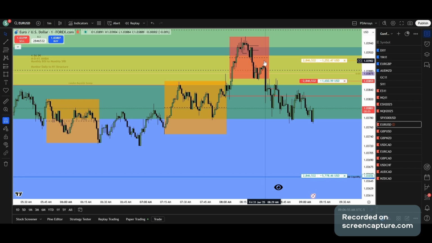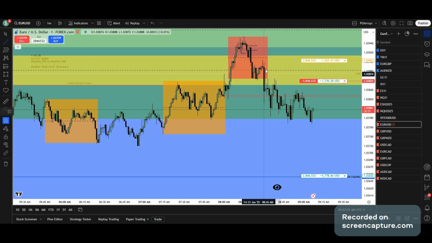Price creates another displacement. First stage distribution right here. And that's perfect. Price came right up to that.